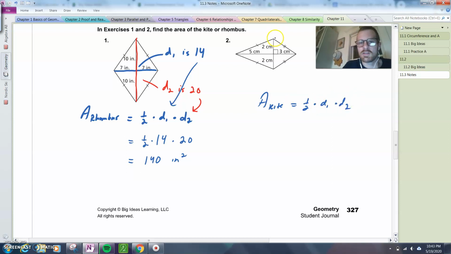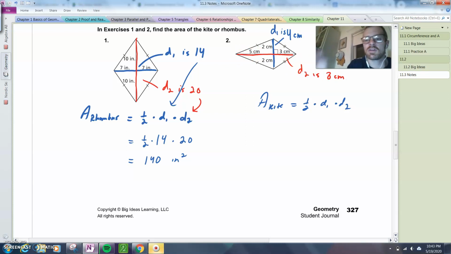Now in this case, let's say here's diagonal 1. That's 2 plus 2, so that's going to be 4 centimeters. So diagonal 1 is 4 centimeters. And then our other diagonal is 5 and 3. So diagonal 2 is going to be 8 centimeters.